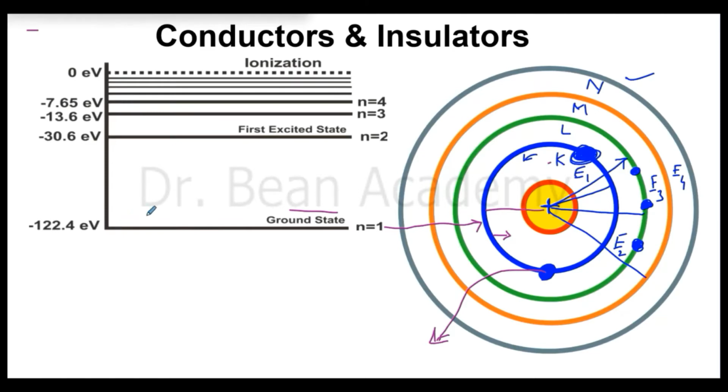It's hard to snatch an electron out of this orbit because I need a lot of energy. On the left side, some energy values are given for a hypothetical atom.